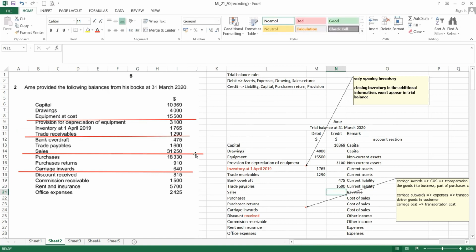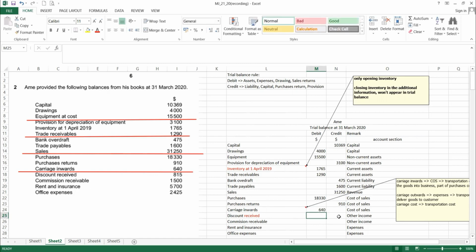Sales is revenue, credit. Next is purchases, 18330. Purchases returned reduces the purchases amount, so it is opposite. So 910. Carriage inward is part of the purchase cost. That means it's on the debit side.